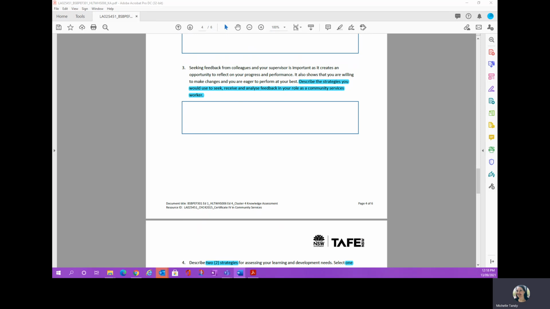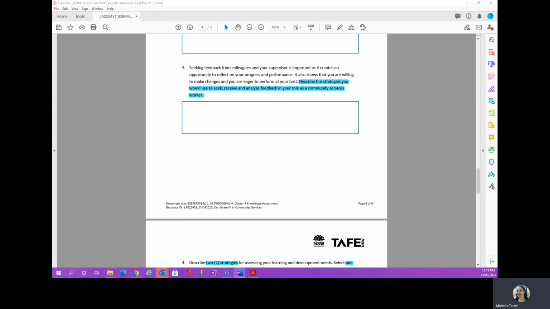You need to describe strategies or ways or tools or methods that you're going to use to seek, receive, and analyse. So seeking feedback is where you're asking someone about it. Receiving it is how you're going to process it. How are you going to listen? How are you going to take on board that feedback?